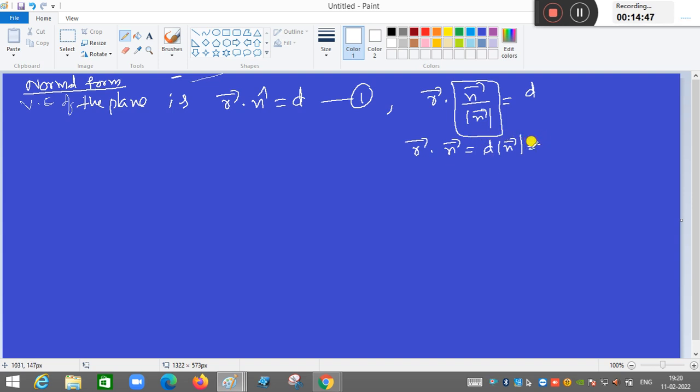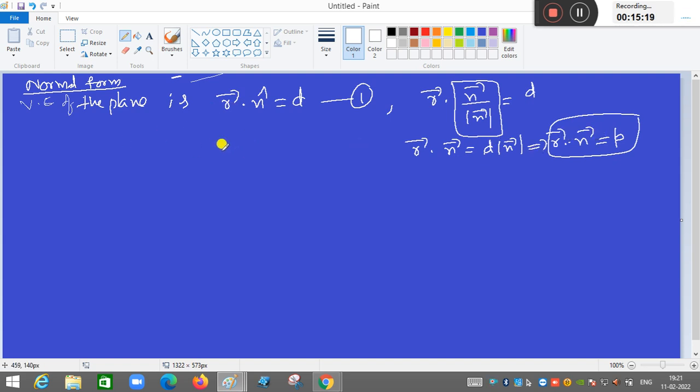So R bar dot n bar equal to some other constant. We get p. So R bar dot n bar equal to p. This is also the equation of a plane, but this is not normal form. From this we get this, right?